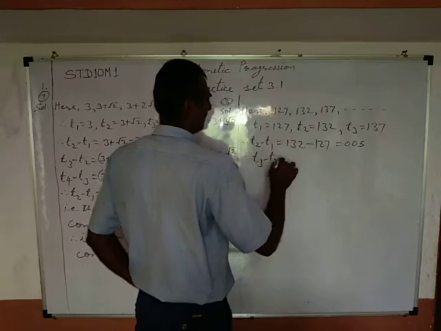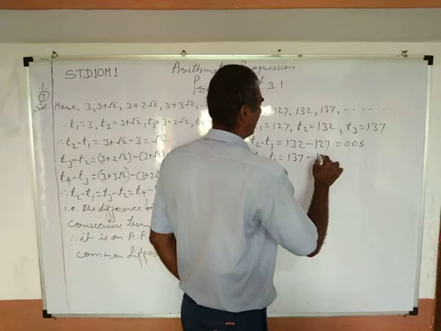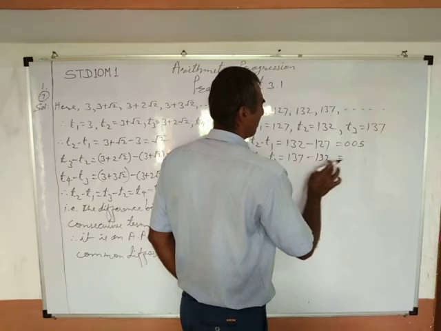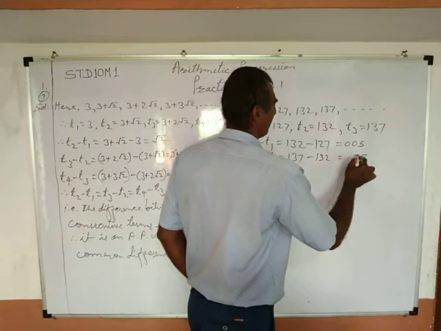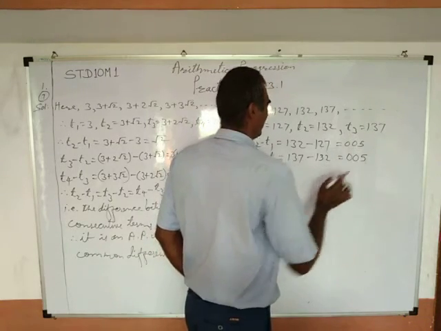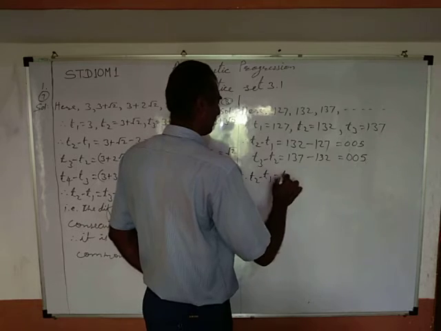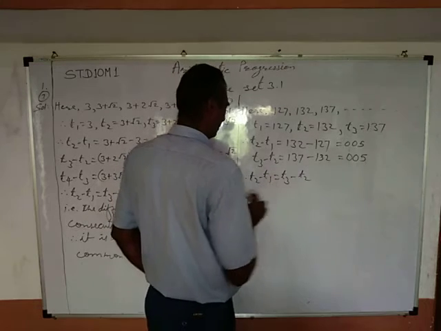T3 minus T2 equals 137 minus 132. 7 minus 2 gives us 5, 3 minus 3 gives us 0, 1 minus 1 gives us 0. And therefore T2 minus T1 equals T3 minus T2.